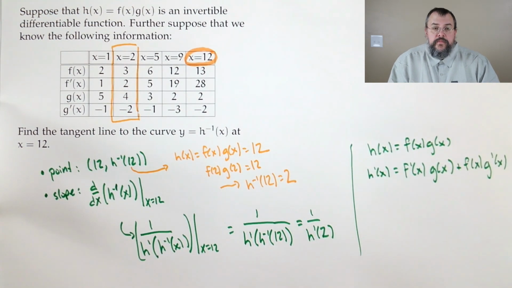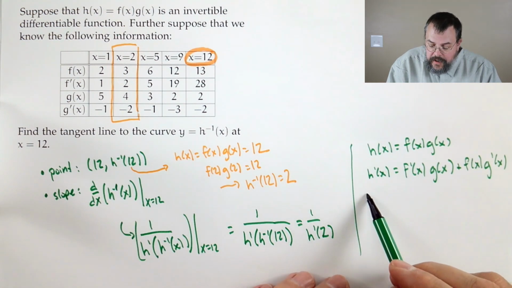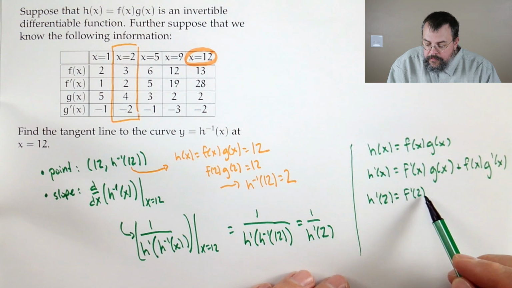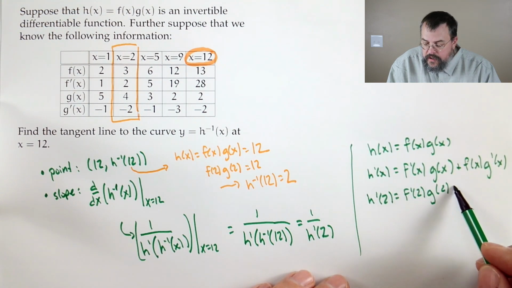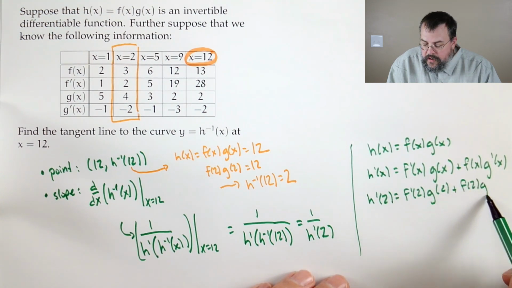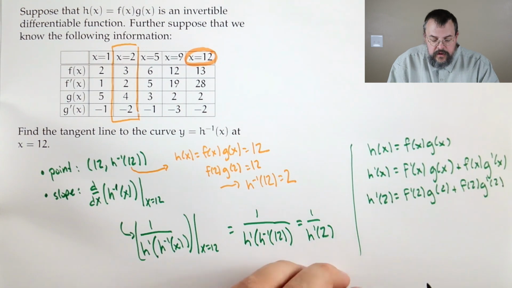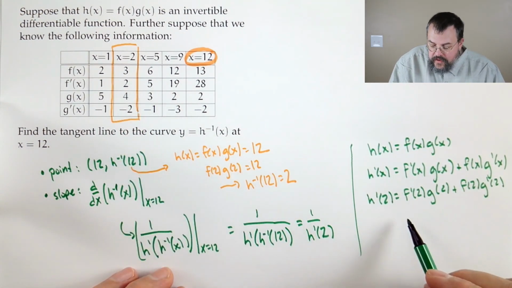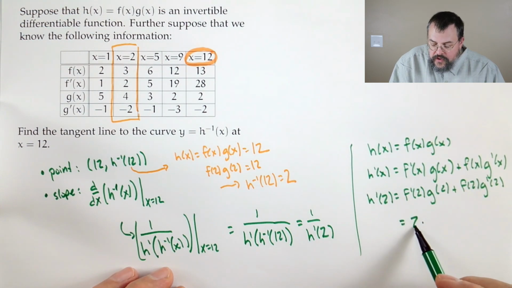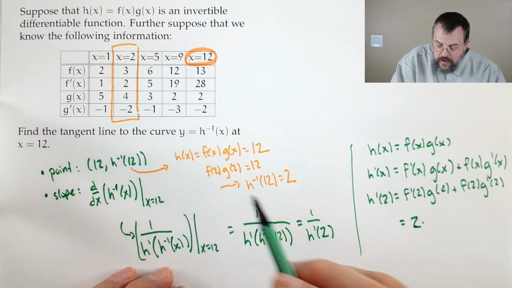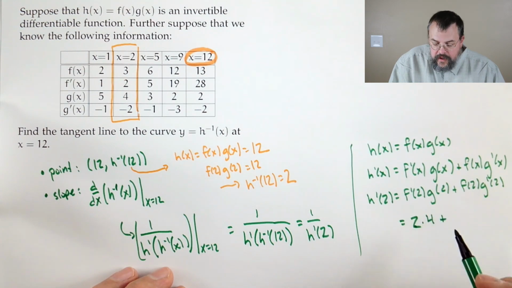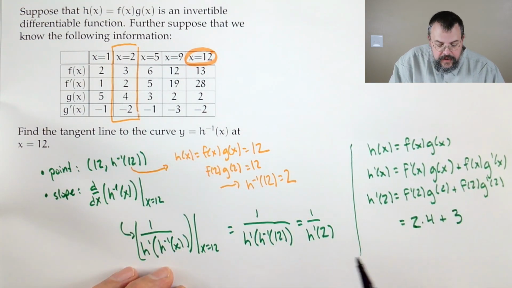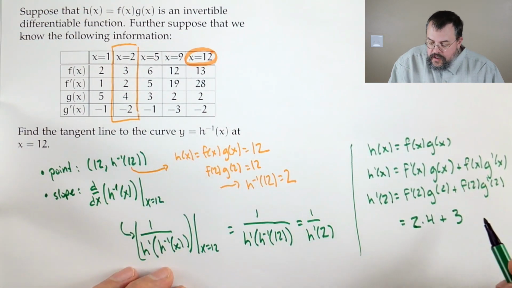And therefore, h prime of 2 would be f prime of 2 times g of 2 plus f of 2 times g prime of 2. So we start reading stuff off. f prime of 2 is 2. g of 2 is 4. Then we have f of 2, which is 3, and g prime of 2, which is negative 2.